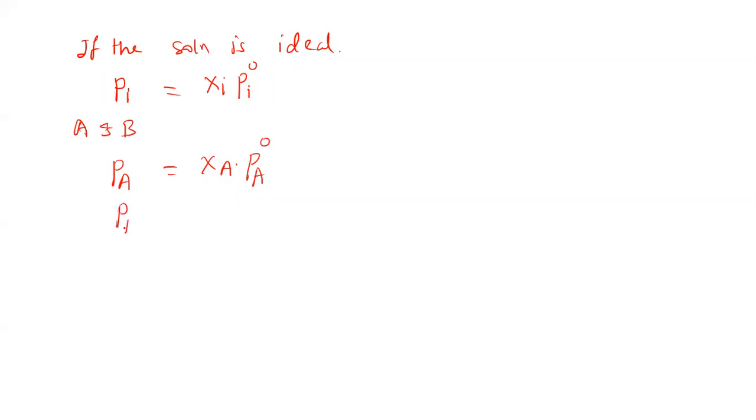Similarly, for liquid B, Pb is equal to Xb, the mole fraction of that component, multiplied by the vapor pressure of that component in the pure state. So if this Raoult's law is satisfied by the liquid, then the liquid is said to be an ideal liquid. It becomes very difficult to satisfy the condition of ideality.